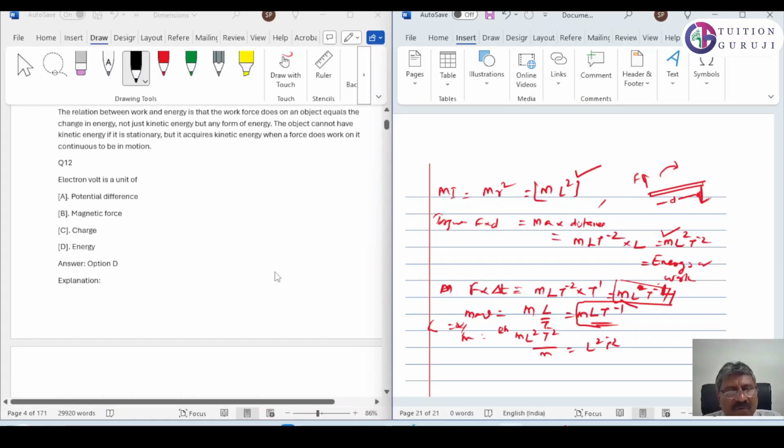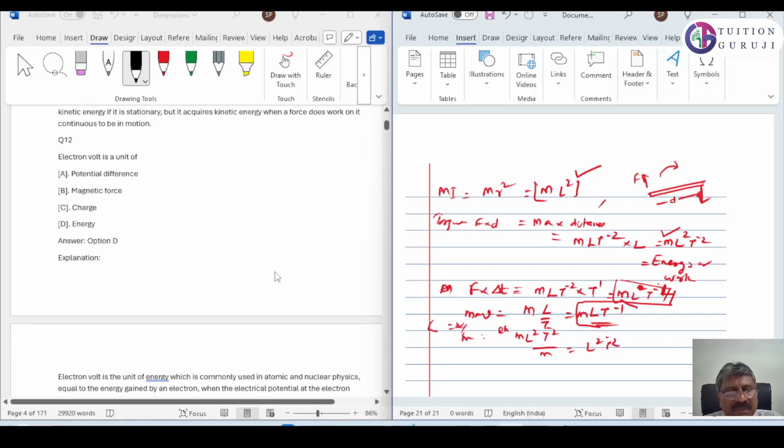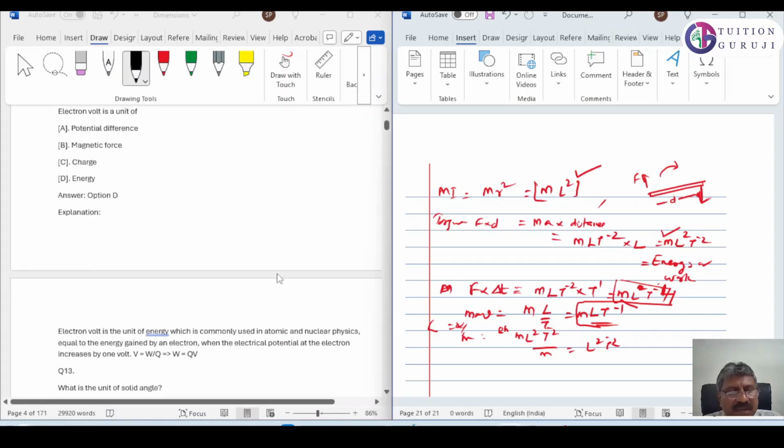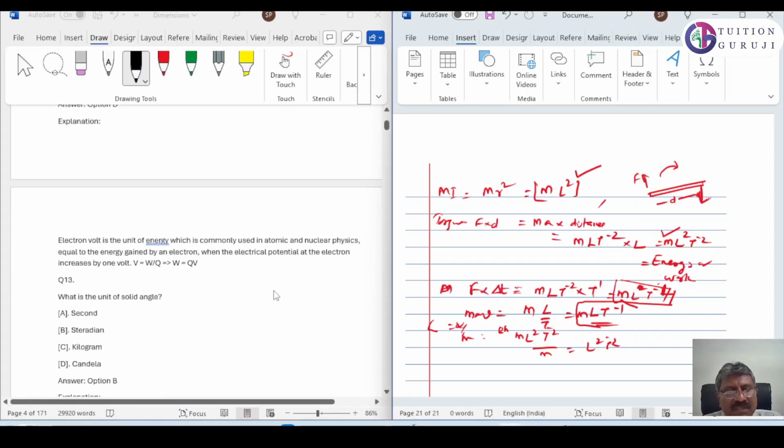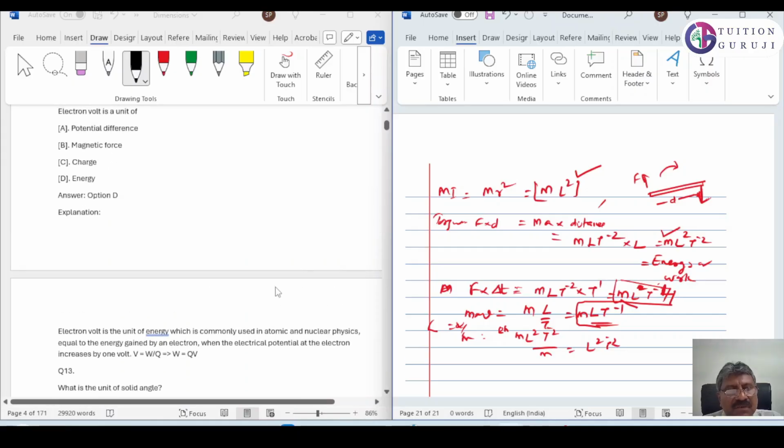Next is, electron volt is the unit of energy, which is commonly used in atomic and nuclear physics, equal to the energy gained by the electron when the electrical potential at the electron increases by 1 volt. V is equal to W by Q, so W is equal to Q V. So electron volt is for energy.